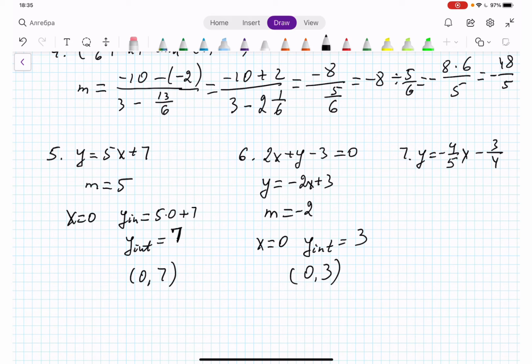Since we have already the format of mx plus b, our m here is equal negative 4 over 5, and for y-intercept, if x is equal 0, then y-intercept is equal negative 3/4, right? This available term is our intercept. And from here, coordinate for y-intercept is 0 and negative 3/4. Number 8.